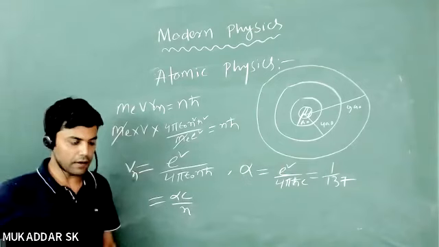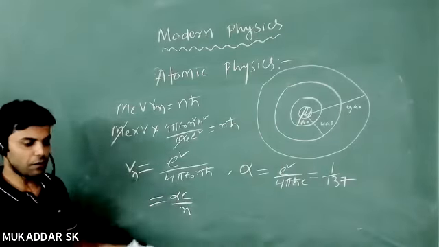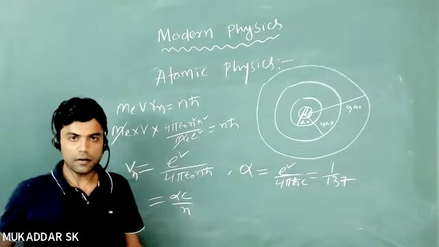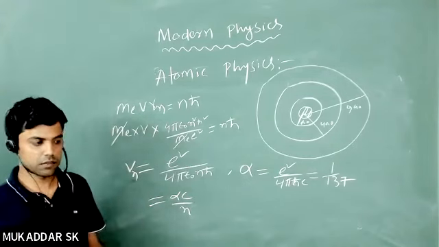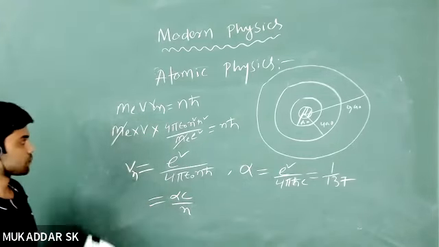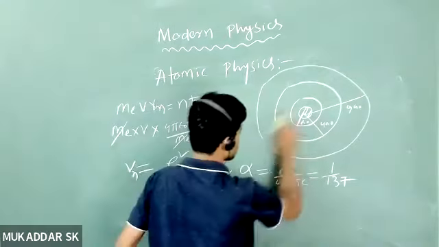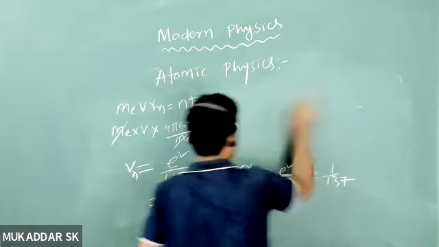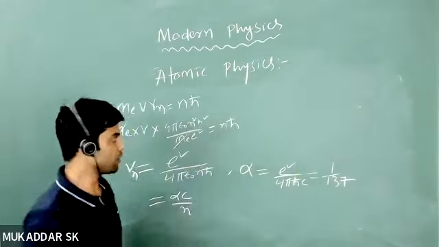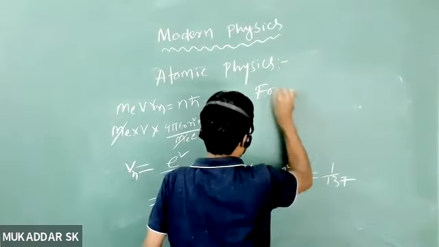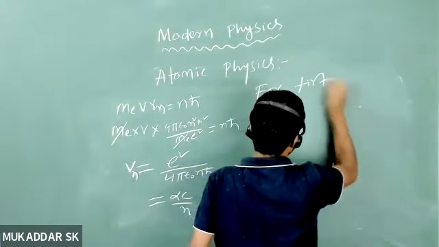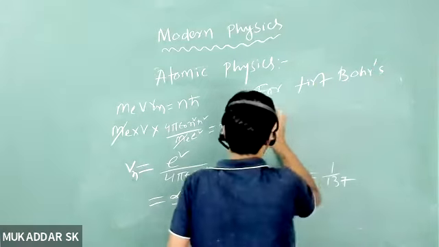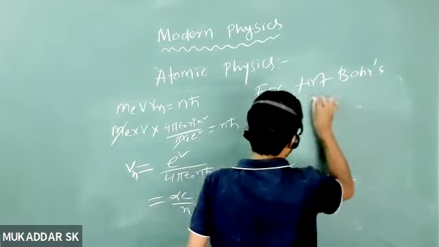Now can anybody calculate the speed of the electron at the first Bohr orbit? How much will it be? For the first Bohr orbit, n is simply 1, right?